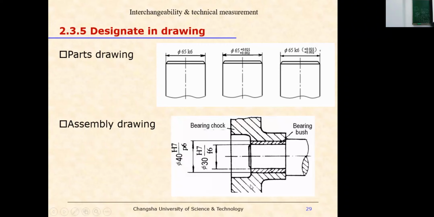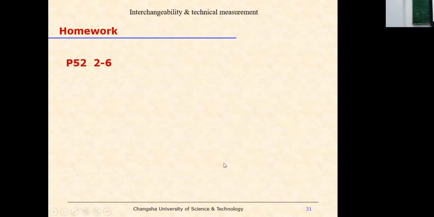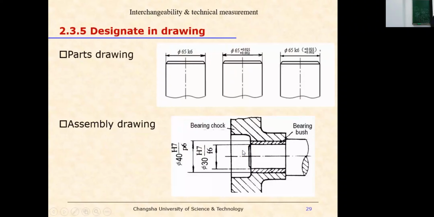You have already drawn that one, right? Last semester we didn't understand, but now you understand. Then the actual size is 105, designated 111 and 100. So this one is okay. When you draw the figure, you can rotate it like this one, it's okay.